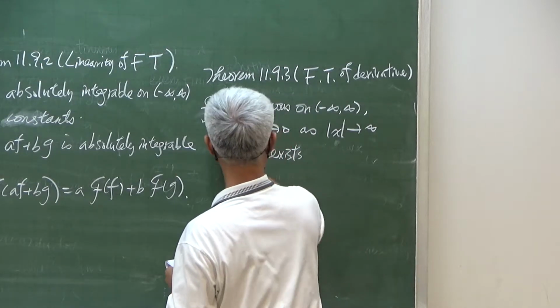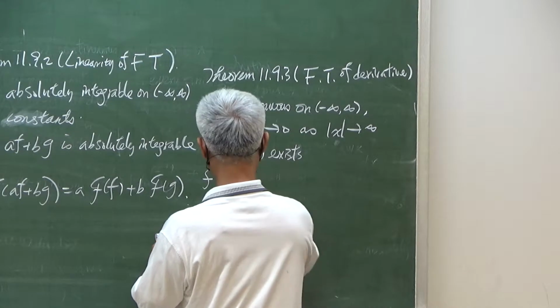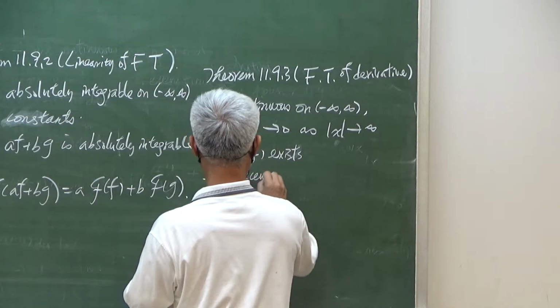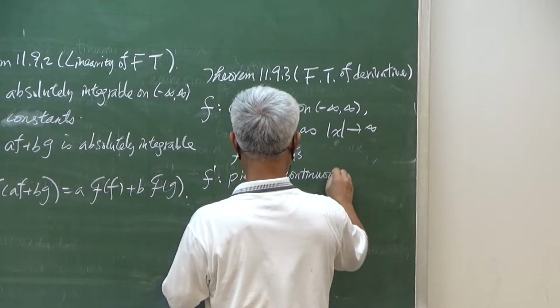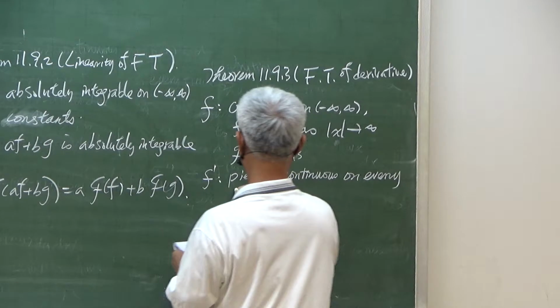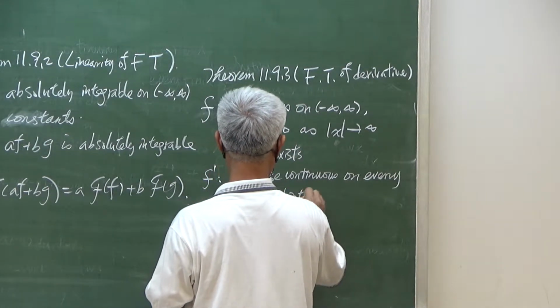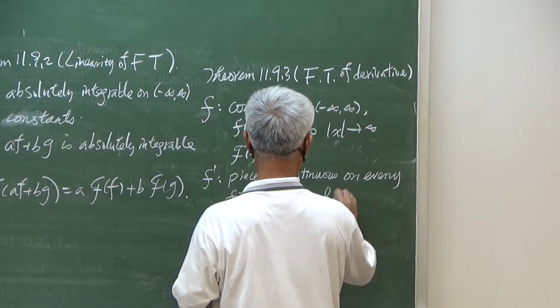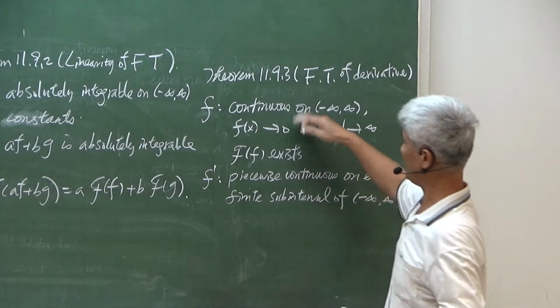So f and f prime, the derivative, are piecewise continuous on every finite subinterval of the whole real line.